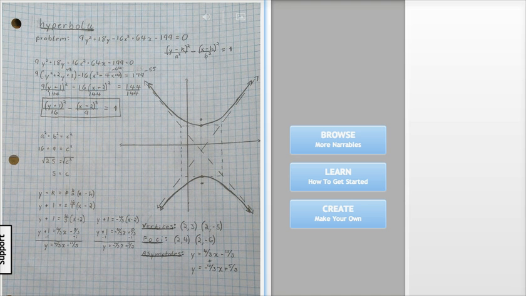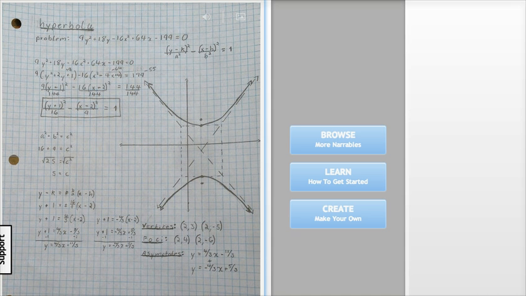So next, looking at how we solve this, we first move the constant, or the 199, over to the other side of the equal sign, and then we factor out the 9 and 16 from the x and y variables and do a bit of factoring to get the y and x variables inside of the parentheses with the squared.